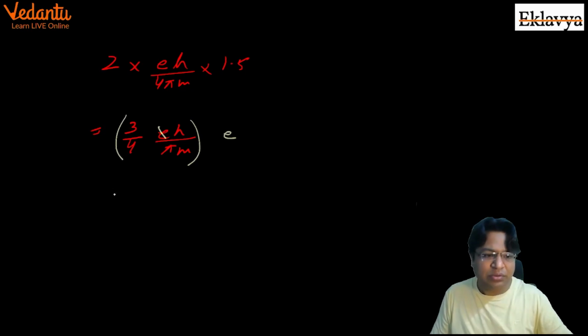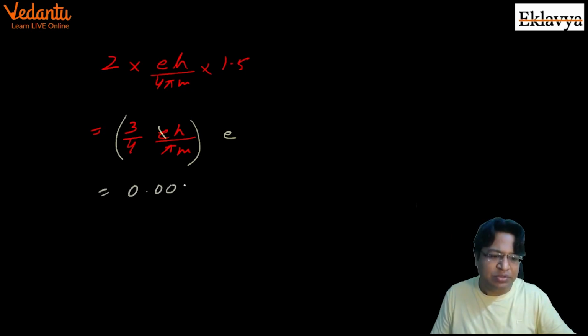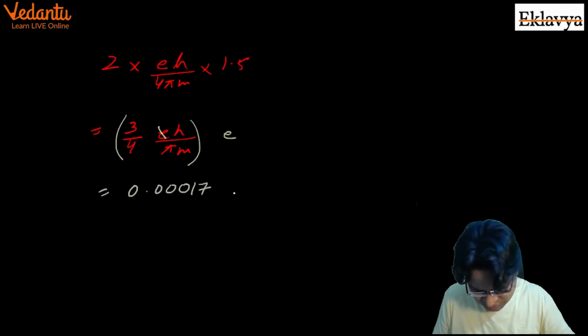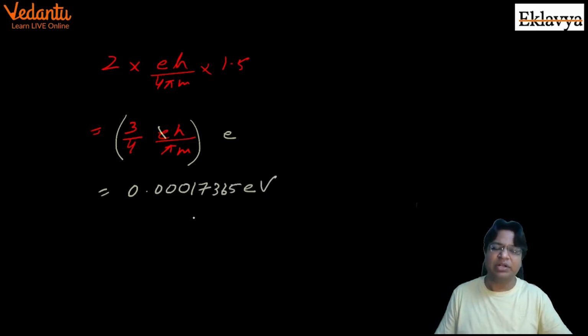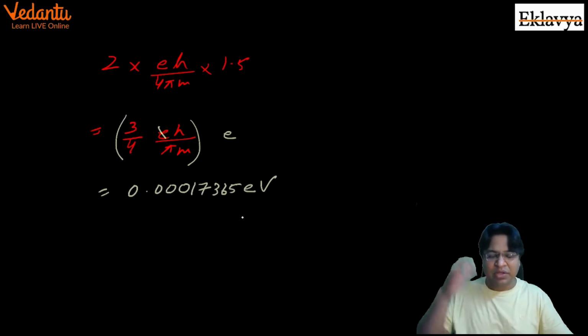So this comes out to be 0.00017365. This is the number I'm getting on the calculator, and because everything is in SI units, we'll get the SI unit of volt.